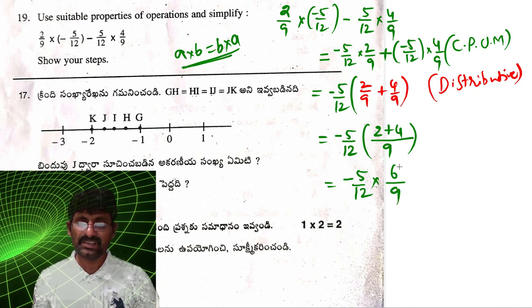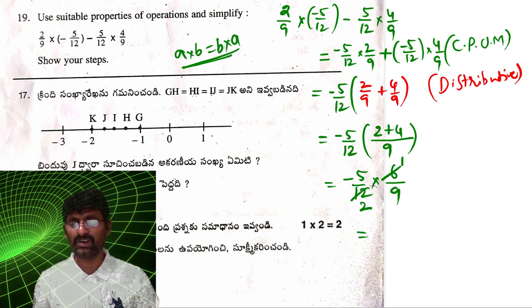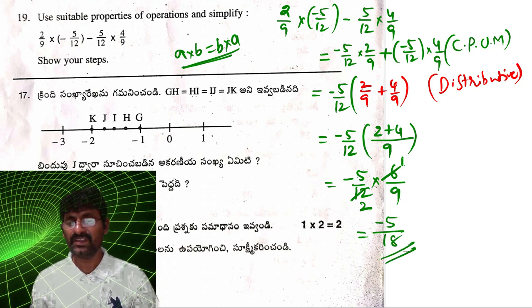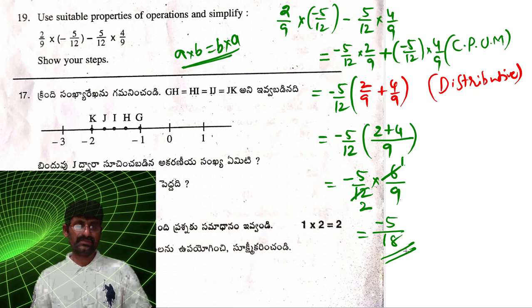Now you can cancel: this is 6 times 1 and this is 6 times 2. So this is equal to minus, now multiply the numerators: negative 5 times 1 is negative 5, divided by 2 times 9, which is 18. So the answer is negative 5 by 18. This is the answer for the 19th problem.